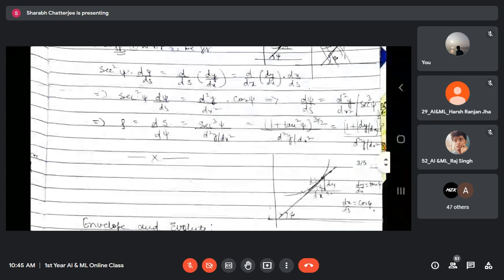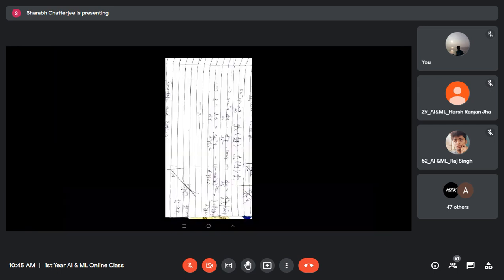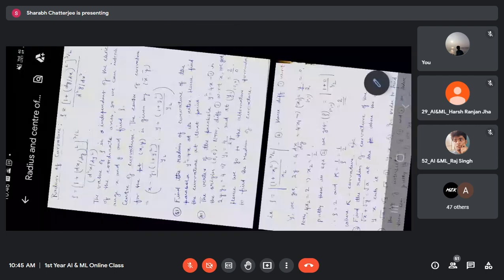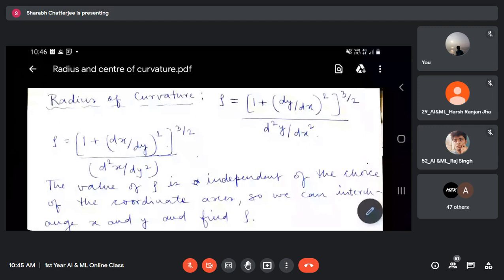Can you see this diagram? The upper one, not the lower one. Rho is equal to (1 plus (dy/dx) squared) whole to the power 3/2, divided by the double derivative of y.